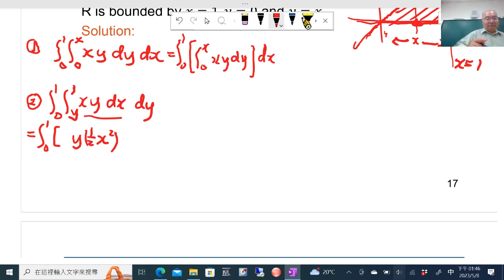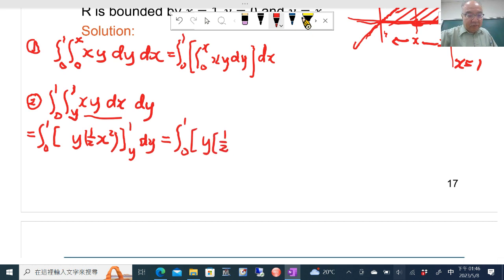No, we got nothing. Okay, so we should have 1 y to 1. And then we are going to do dy. Okay, then you should do the plug-in. 0 to 1. So we have first term y times 1/2 minus 1/2 y squared dy.